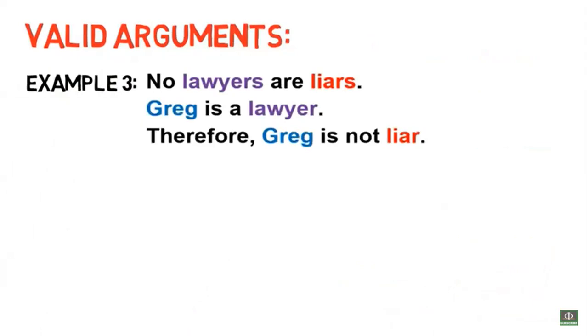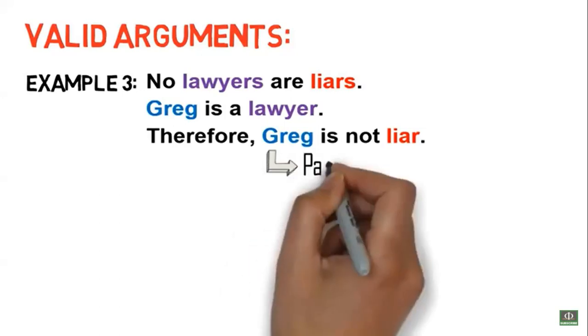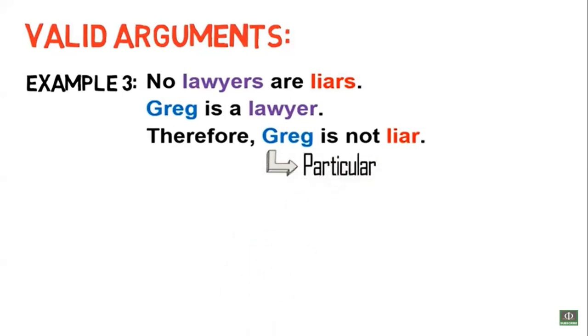This syllogism is valid in the context of rule number 2 because rule number 2 is not violated. As we can see, the minor term "Greg" in the conclusion is particular. Hence, rule number 2 is not applicable. Of course, if a rule is not applicable, then it cannot be violated. And if no rule or law is violated, then the argument is automatically valid.